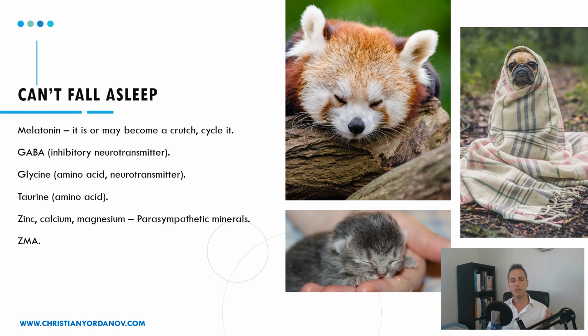ZMA, that's zinc, magnesium, and vitamin B6. That's another very common supplement. So if you find that, that's also really useful, helps with falling asleep. Then, the basics like chamomile tea, lavender, things like that, you can try those. They help. Then there's old classics, herbs like valerian, hops, passion flower, or some type of mix like that.